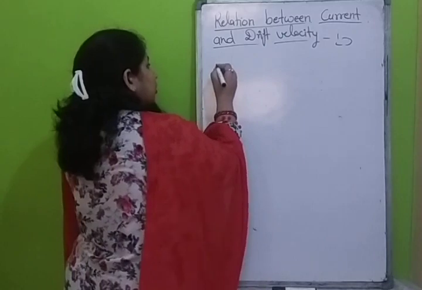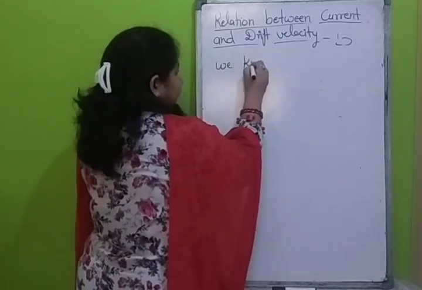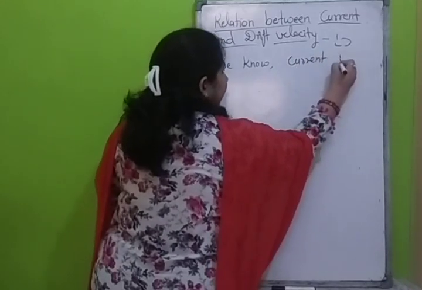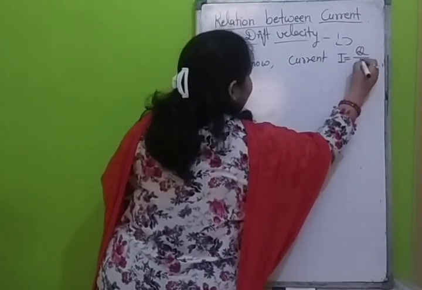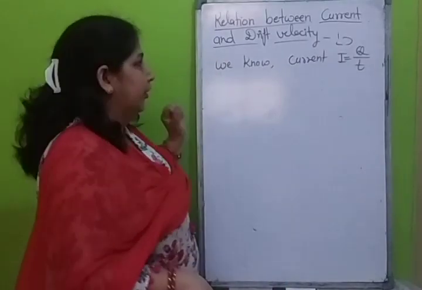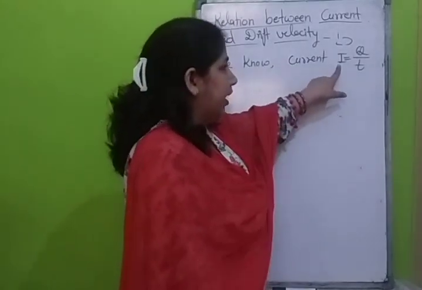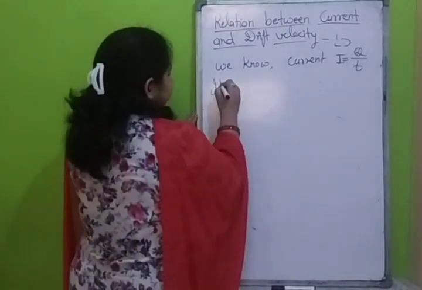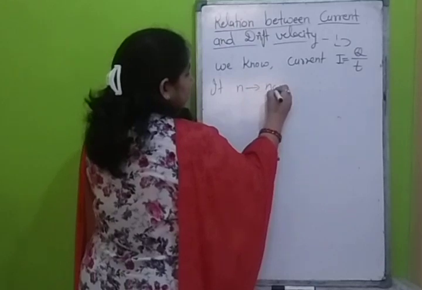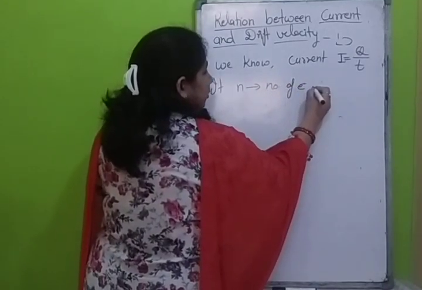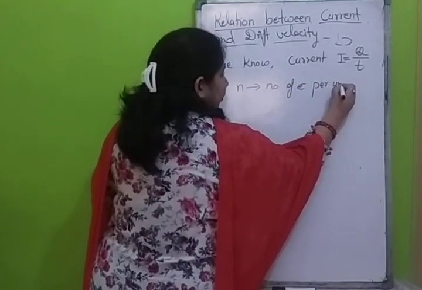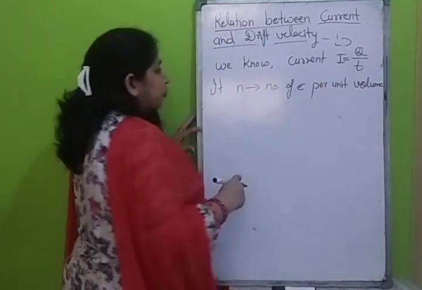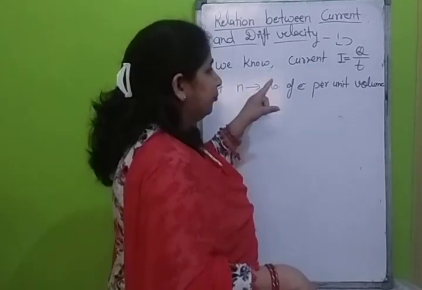What we have? We know current I is equal to Q upon t. Got it? Now we want to relate I with Vd, drift velocity. Suppose we have taken small n number of electrons per unit volume.